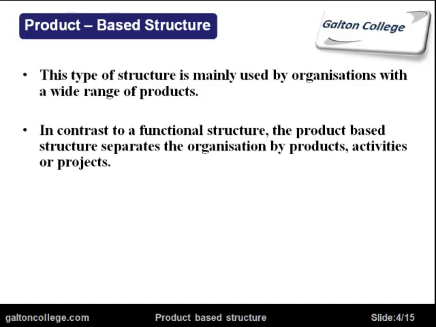In contrast to a functional structure, the product-based structure separates the organization by products or activities or projects. So of these various possibilities the company has, the one most appropriate to companies with a large range of products is to have a product-based structure.